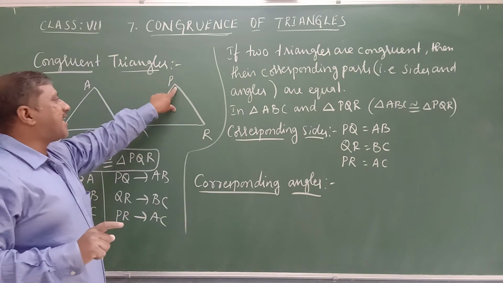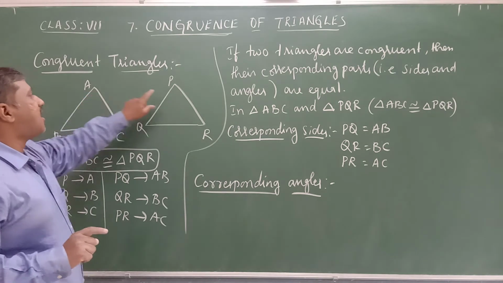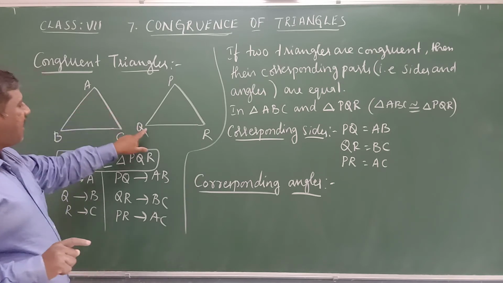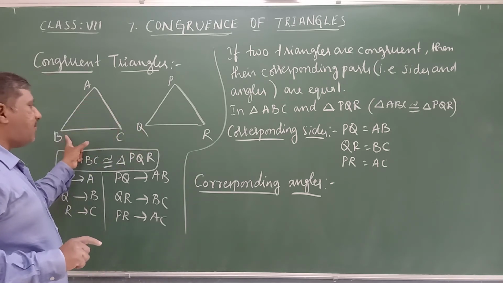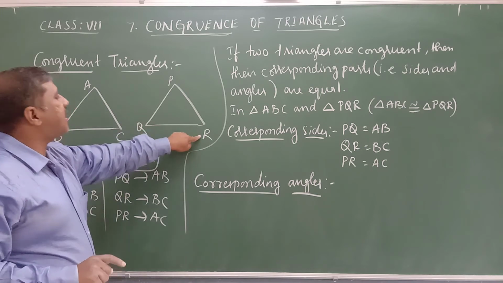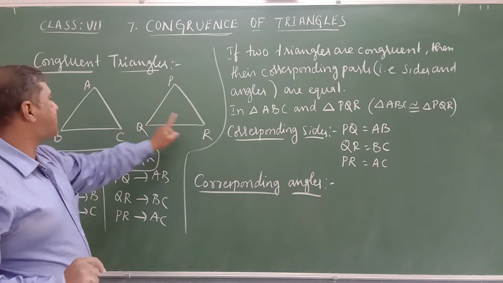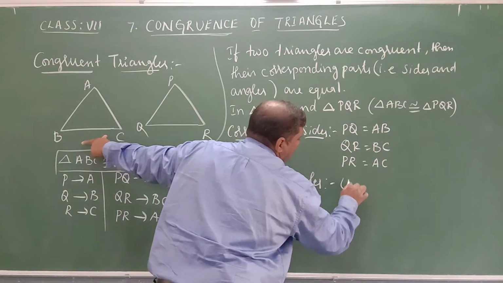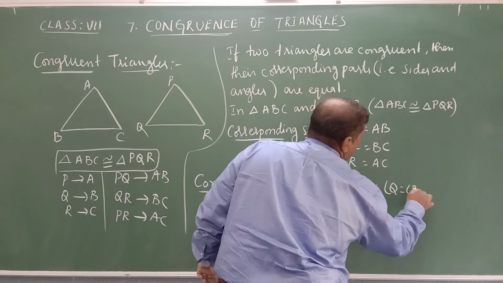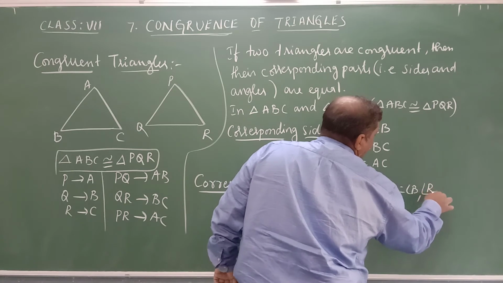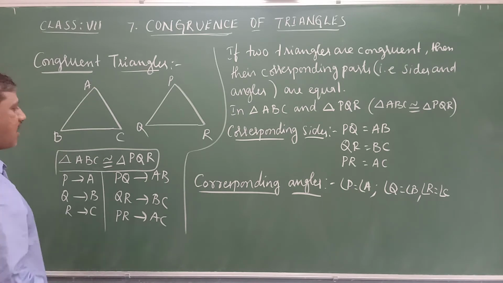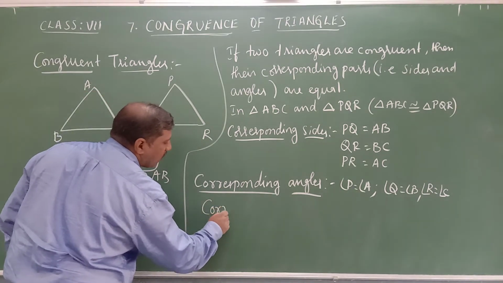As I said, vertex P will coincide with vertex A, which means the angle formed at vertex P equals the angle formed at vertex A. Similarly, vertex Q will coincide with B, therefore angle Q equals angle B. And vertex R coincides with C, therefore angle R equals angle C. That is, angle P equals angle A, angle Q equals angle B, and angle R equals angle C. These are the corresponding angles.